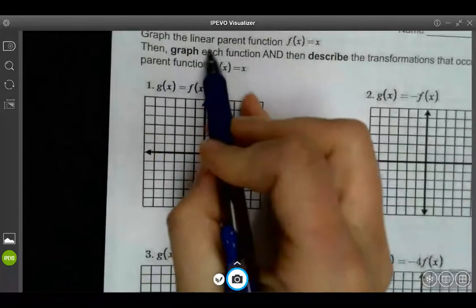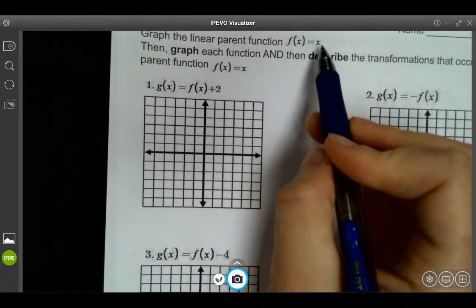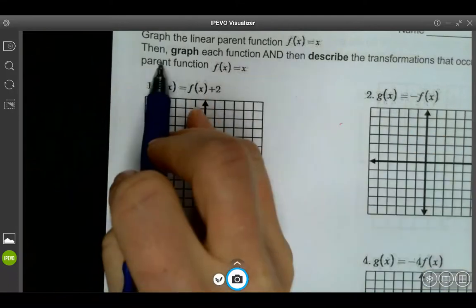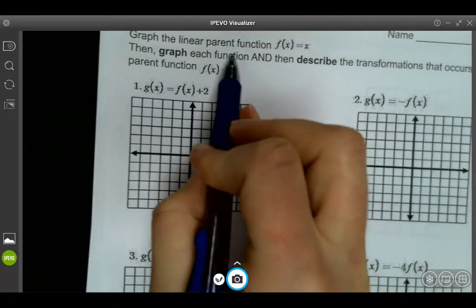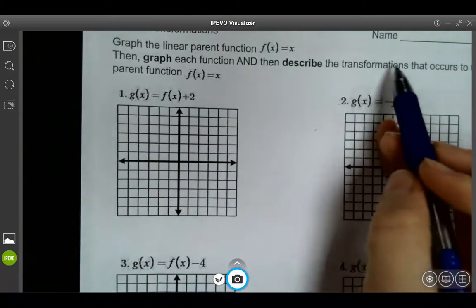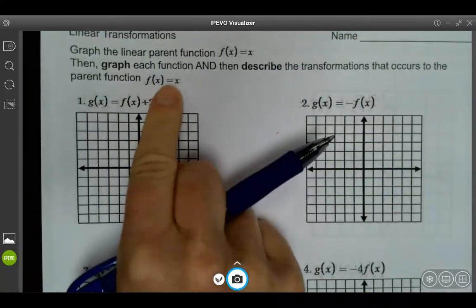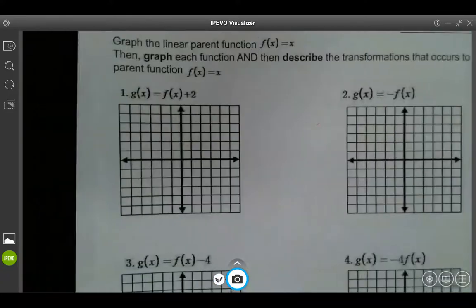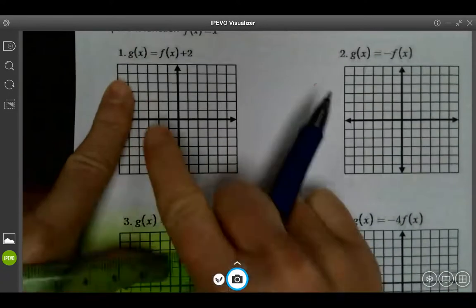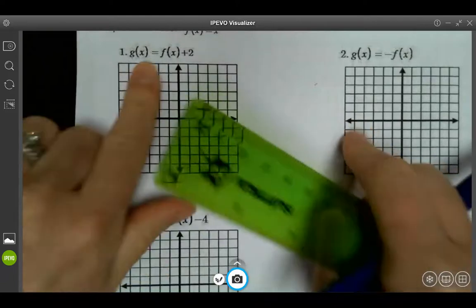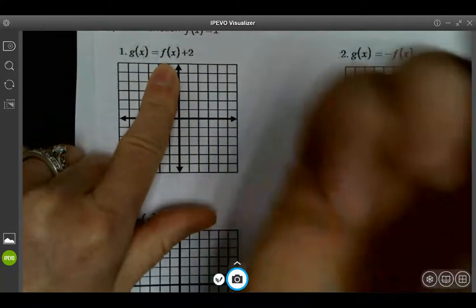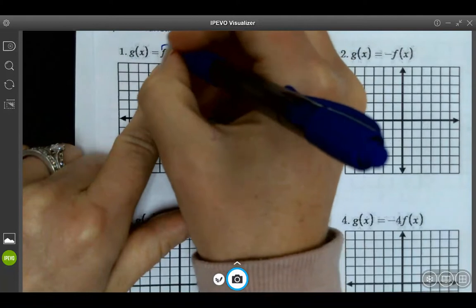It says graph the linear parent function f of x equals x. Then graph each function and then describe the transformation that occurs to the parent function f of x equals x. These are very similar to what we've done in our notes. It says f of x, which we're going to replace with x.